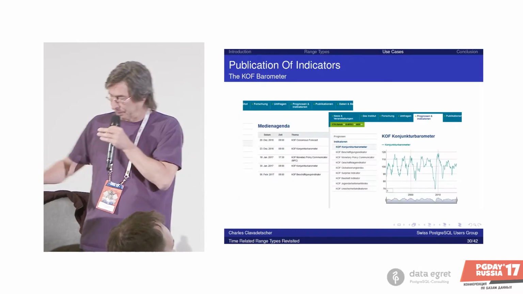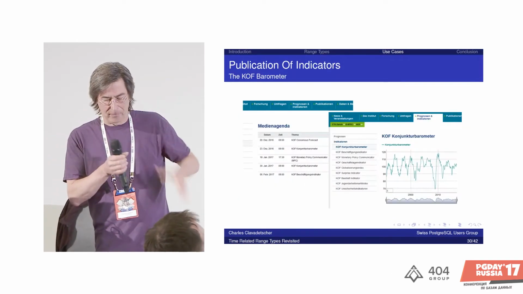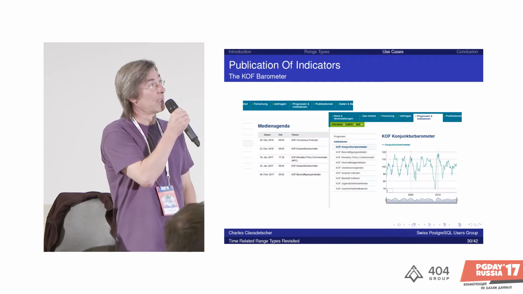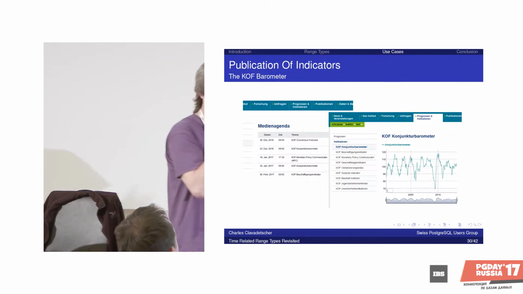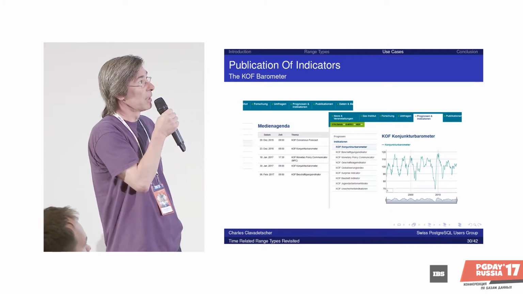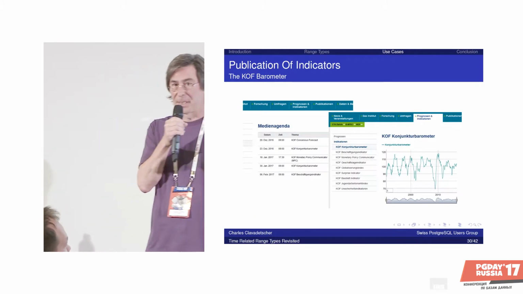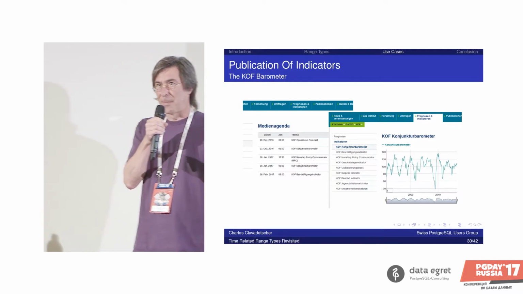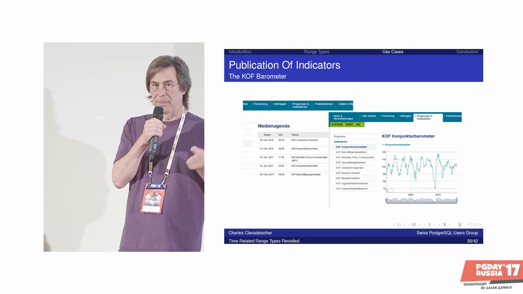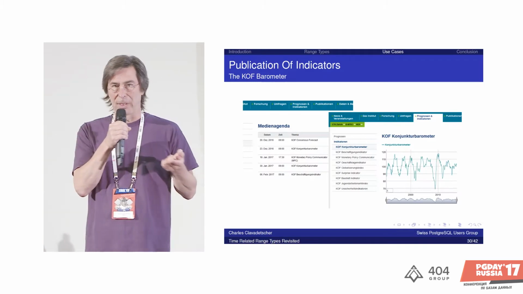Okay. I told you before that we have the KOF, the institute that computes indicators. Probably one of the most important is this one here, business cycle indicators. This is supposed to be something that shows how the development of the BIP is going to be in the next 3 to 4 months.